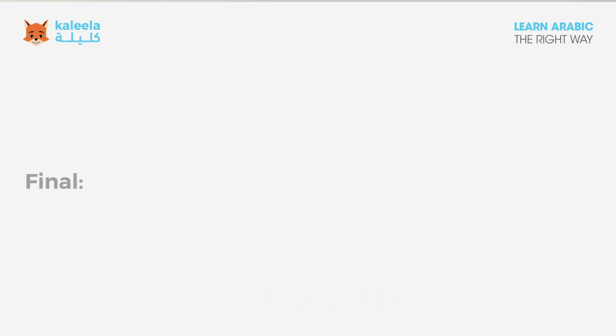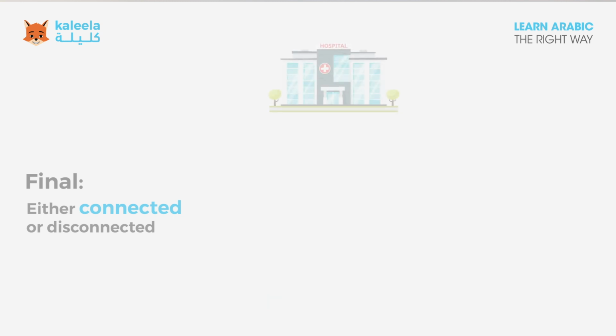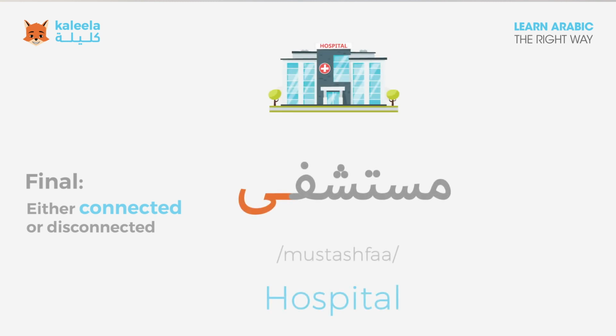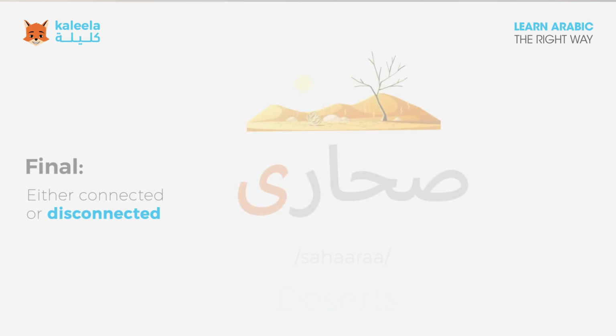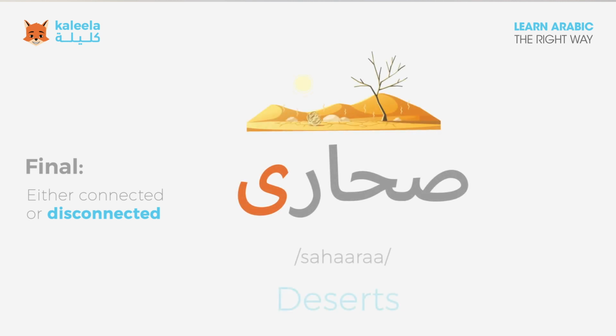The first shape of ألف مقصورة when it's connected, as in مستشفى, which means hospital. The second shape of ألف مقصورة when it's disconnected, as in Sahara, which means deserts. Here you can see that the ألف مقصورة is not connected to the letter before it.